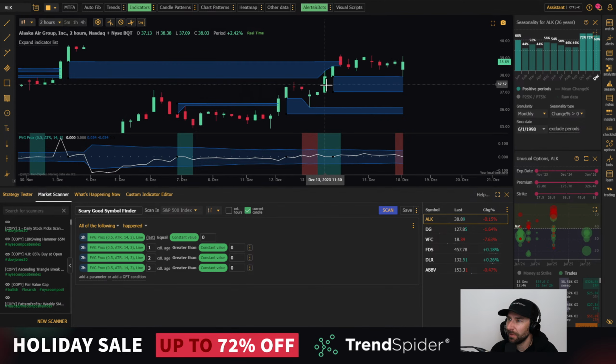So trading above, you got a fair value gap right here. It was created on these 3 candles. Traded above it for a period of time, and now we're coming back to test it.